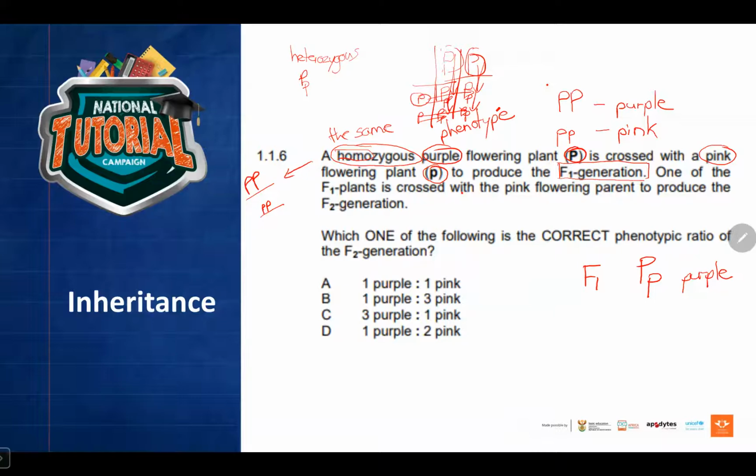The second sentence tells us one of the F1 plants is crossed with a pink flowering plant parent to produce the F2 generation. So it doesn't matter, they tell us one of these is crossed. It doesn't matter which one, because all of them gave us big P, small p, and it is now crossed with a parent that is pink. And we know that a parent that is pink is small p, small p.